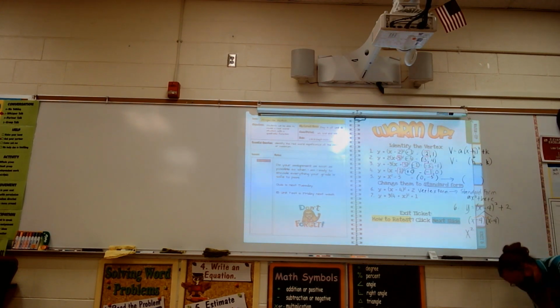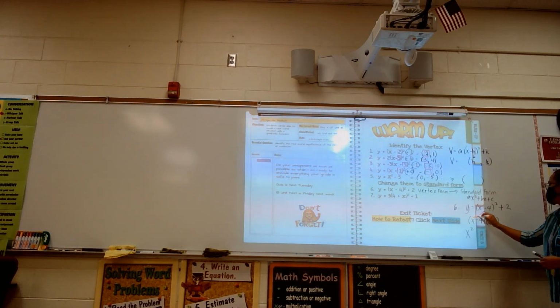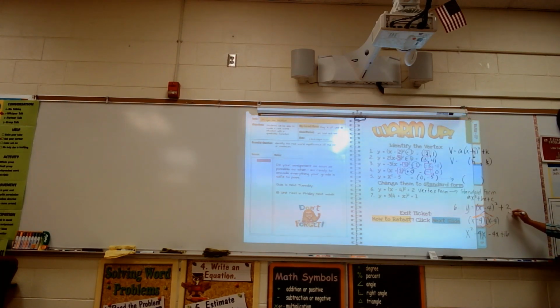What is x times negative 4? Negative 4x. Again, negative 4 times x, negative 4x. And then negative 4 times negative 4, positive 16. Now, I did not touch the 2, so I'll copy it here. I just put down 2 because I did not touch it yet.